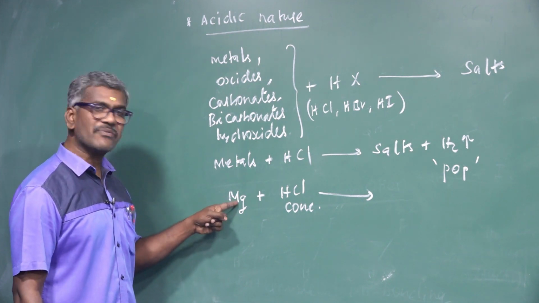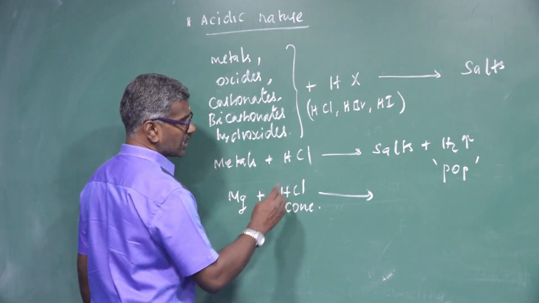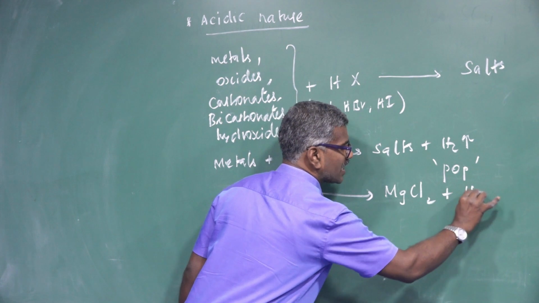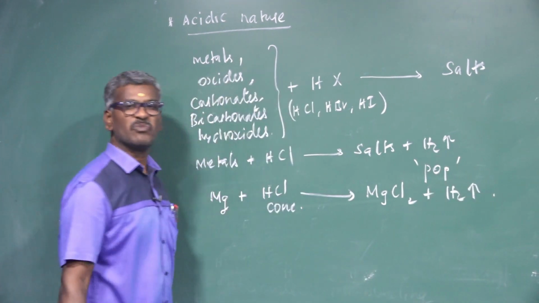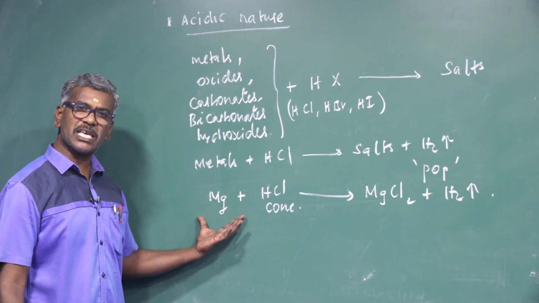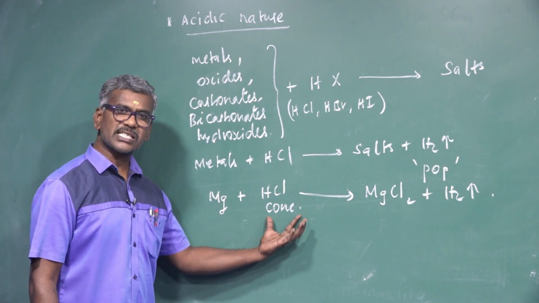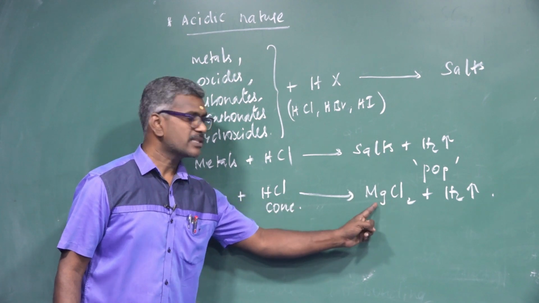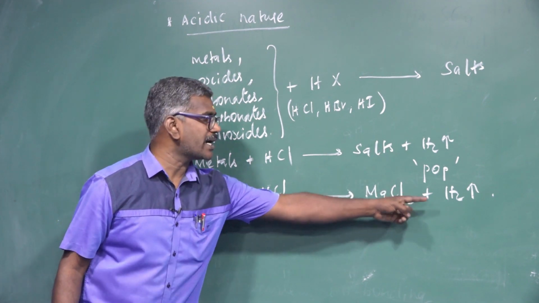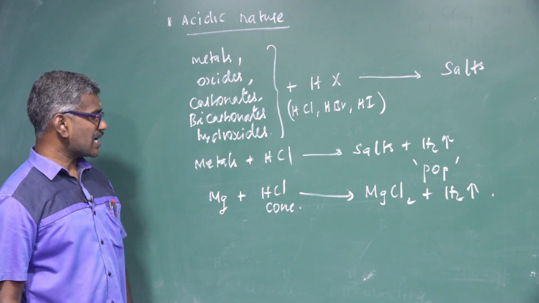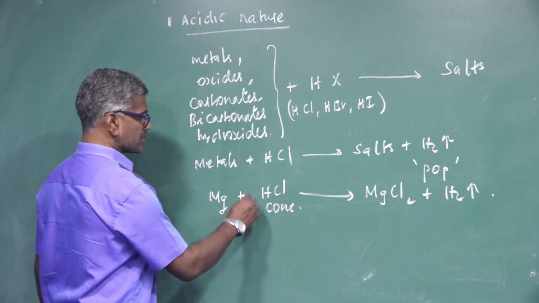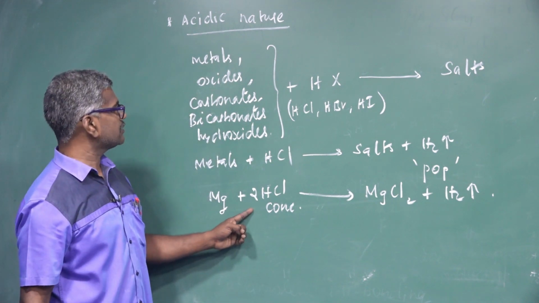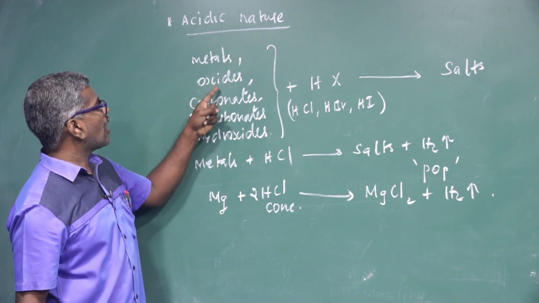So magnesium reacts with the halogen acid to form MgCl2 and liberate hydrogen gas. This is magnesium chloride. Balanced equation: 2 chlorine on both sides, 2 hydrogen.